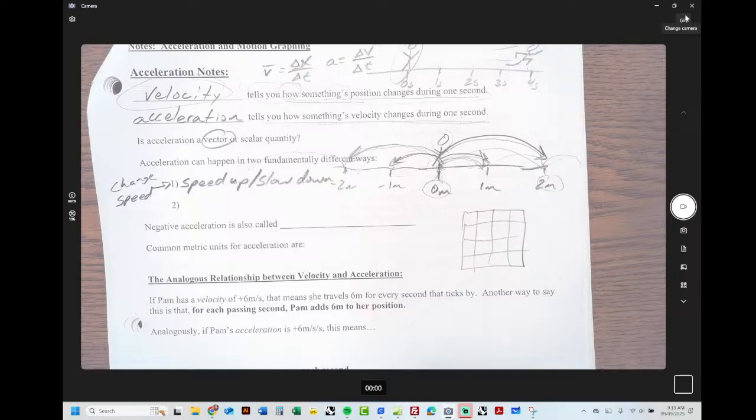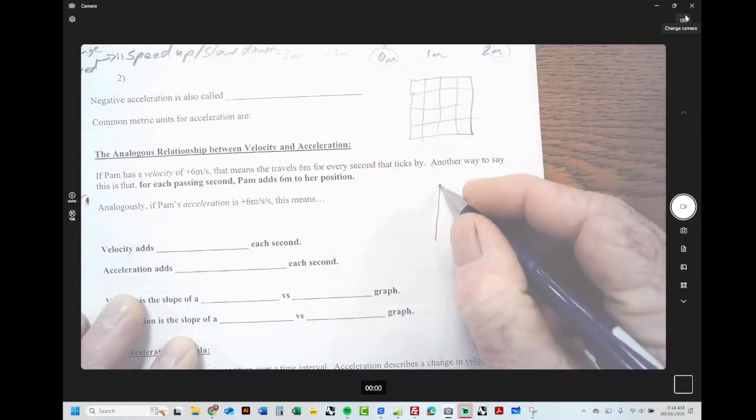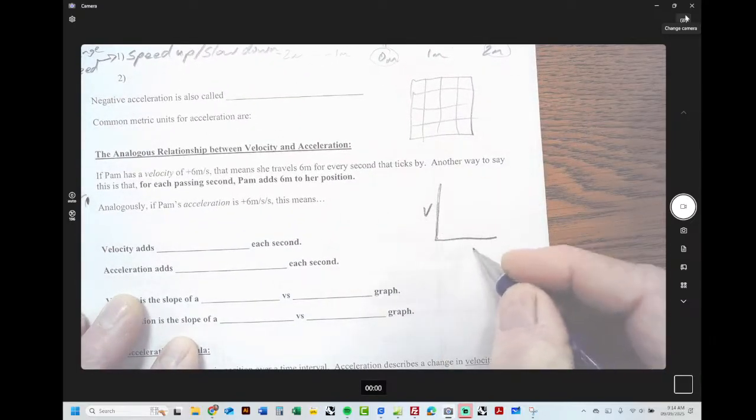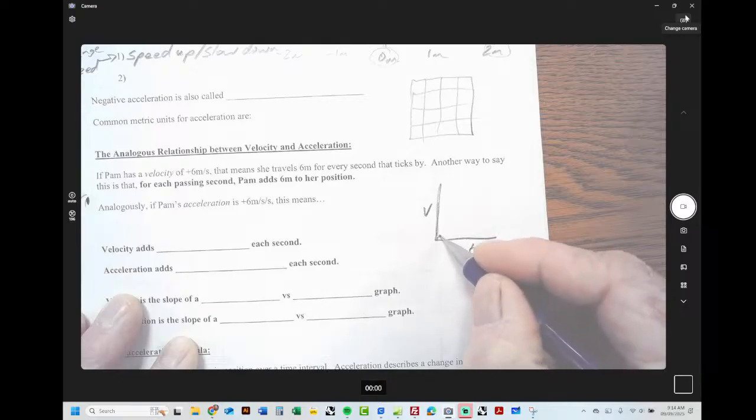Like you're standing still to start, and then you start your constant speed. But in between, if you look at how fast I'm going now, and then I get up to a constant speed, if I were going to graph my velocity right then, if this is my velocity, and this is time, I would say I did this.